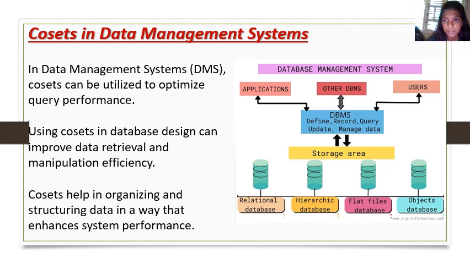The database management system consists of three parts: applications, other DBMS and users. The DBMS consists of definition, record, query, update, and management of the data, with storage areas such as relational, hierarchical and flat file databases. This is all about cosets in database management systems.